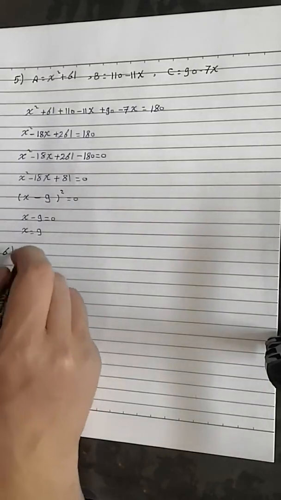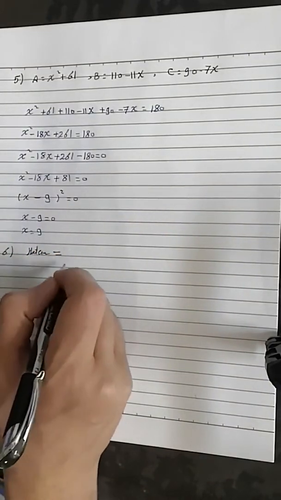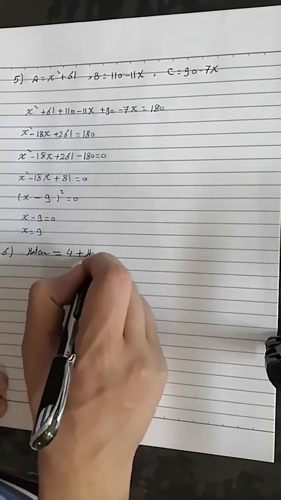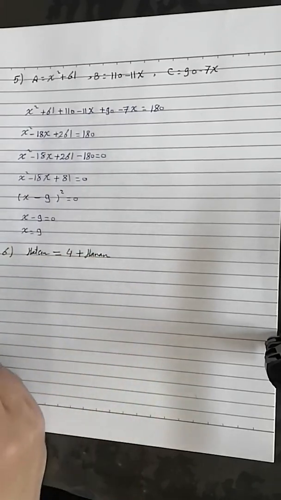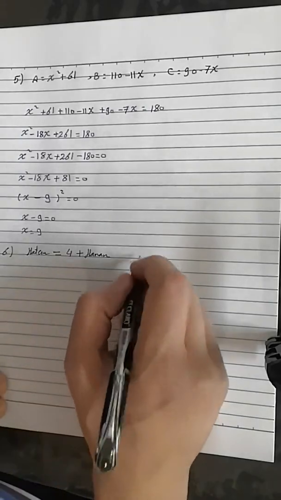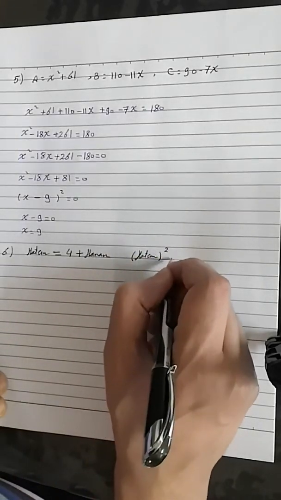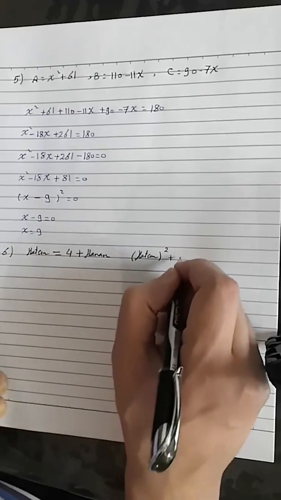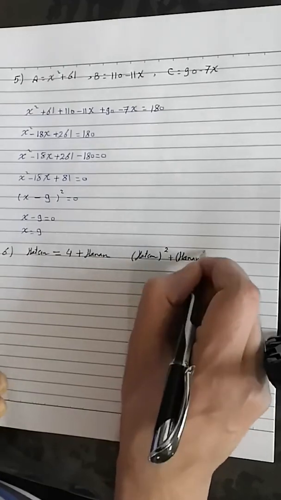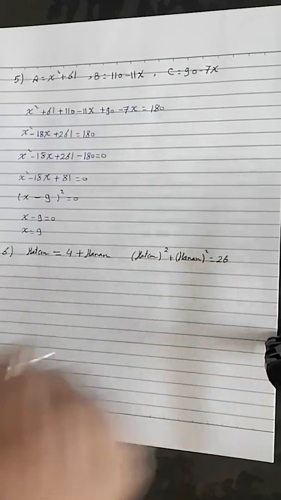Hatem is 4 years older than Hanan, and the sum of squares of their ages means Hatem squared plus Hanan squared, because sum means add, equals 26.